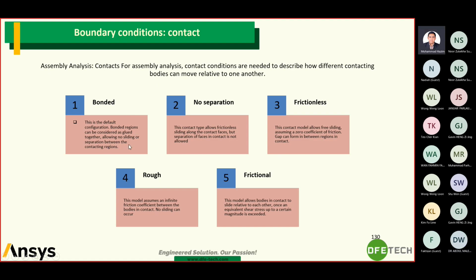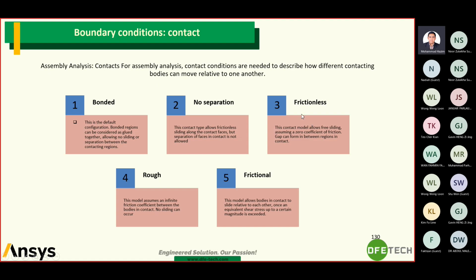So this is the definition for each of the contact. Bonded is like a glue, so it does not allow separation and sliding. For the non-separation, it does not allow separation to occur, but it allows sliding to occur.